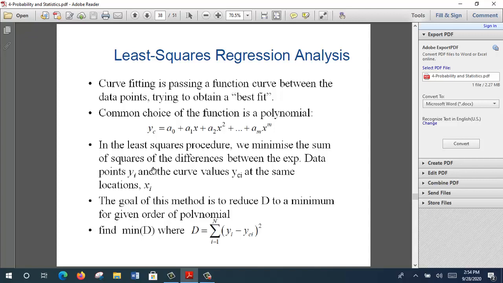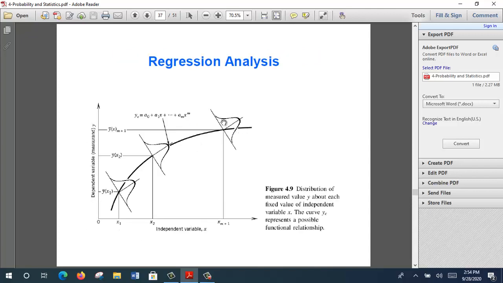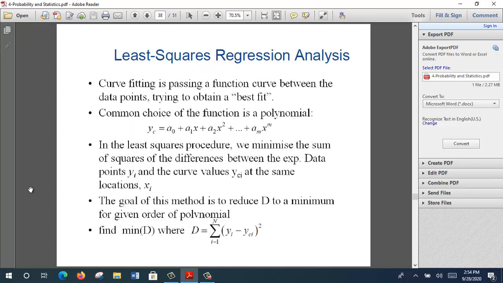You want an accurate result, the best fit of your data. That's why you use regression analysis to position your line here. So the goal is to reduce d, this is d, to a minimum for a given order of polynomial.